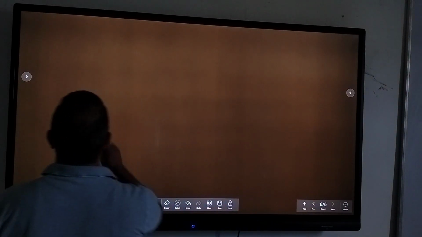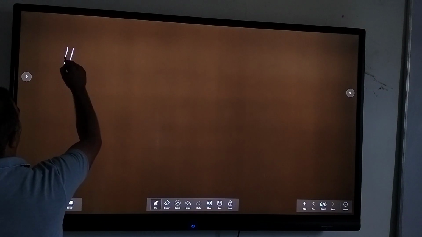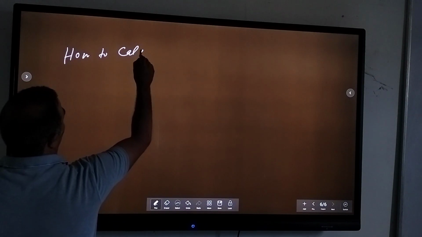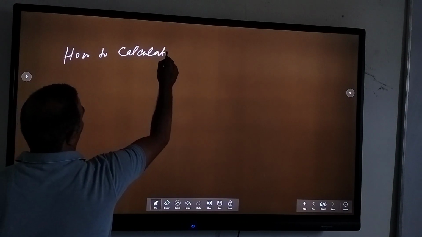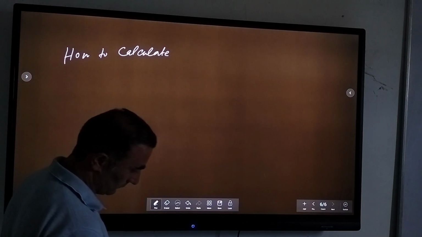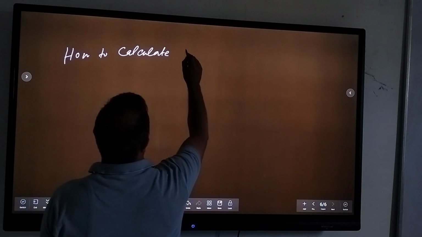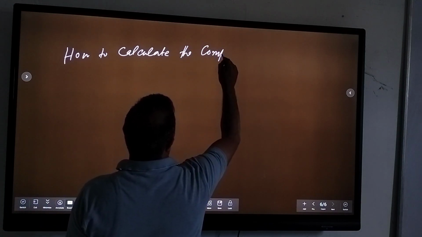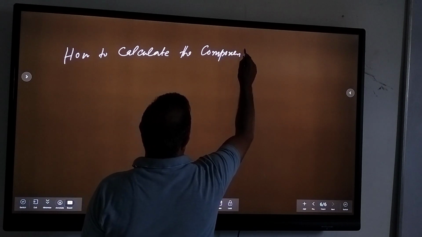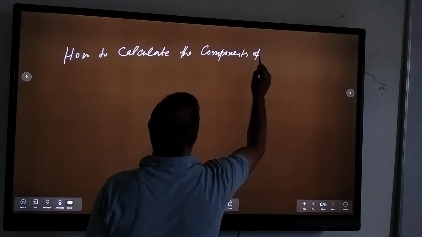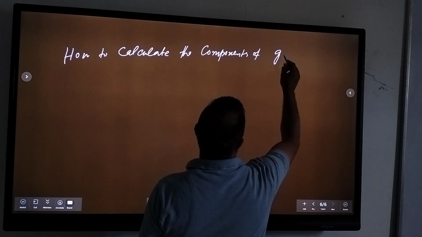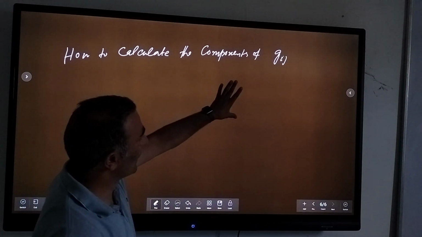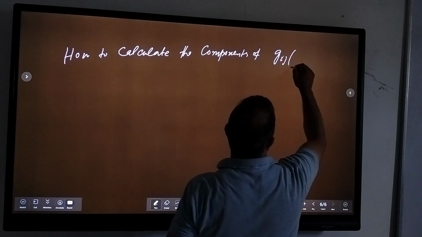So if you write now how to calculate, okay? So we need to calculate the components of this matrix tensor.